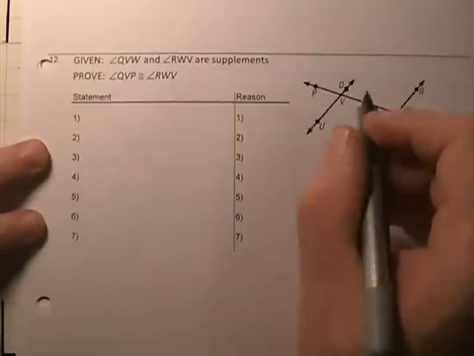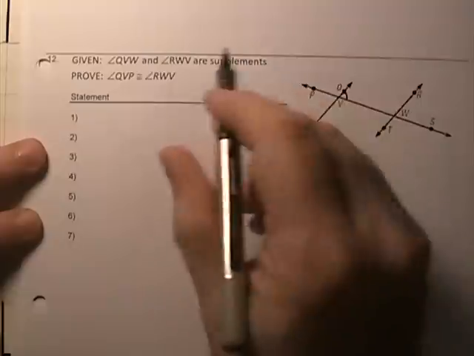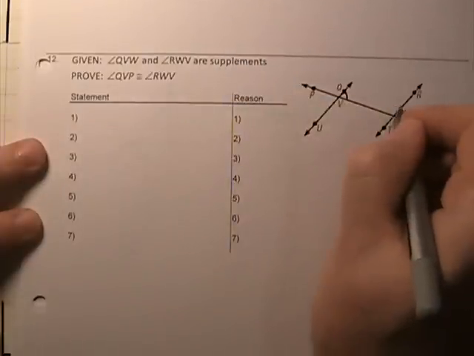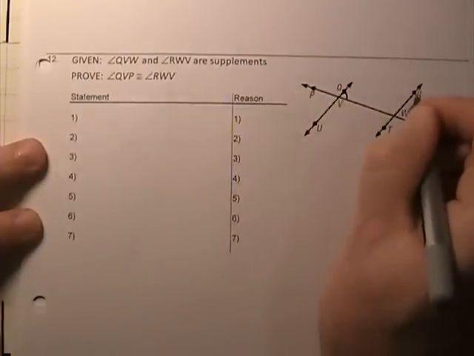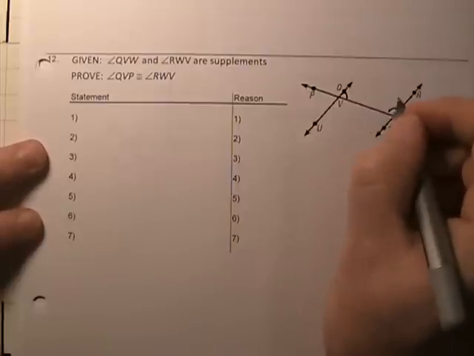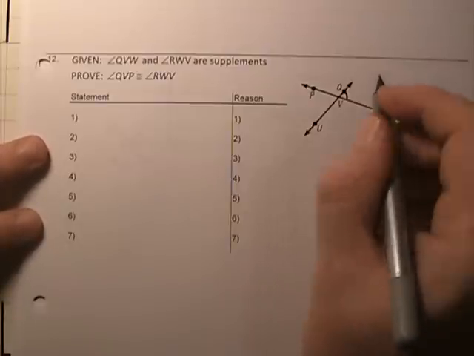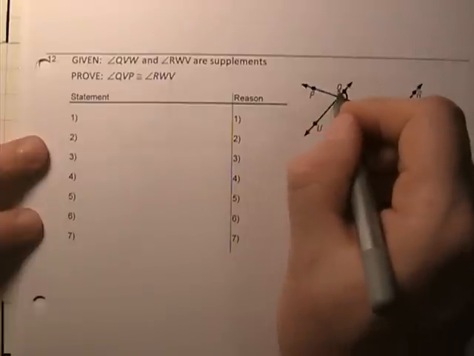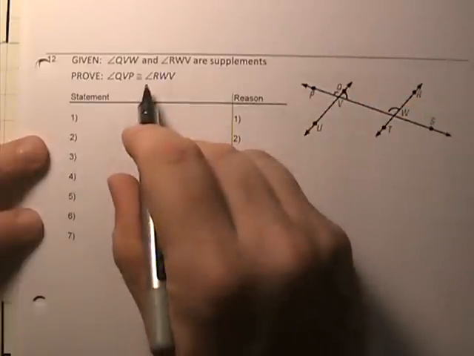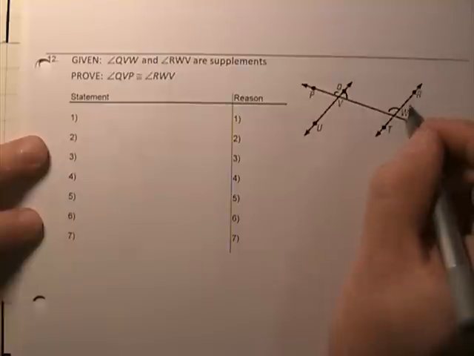Okay, we're given that QVW and RWV are supplements, so they add up to 180. And they want us to show that QVP here is congruent to RWV.